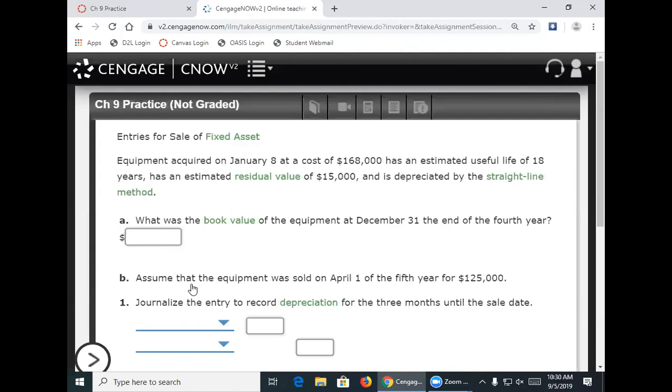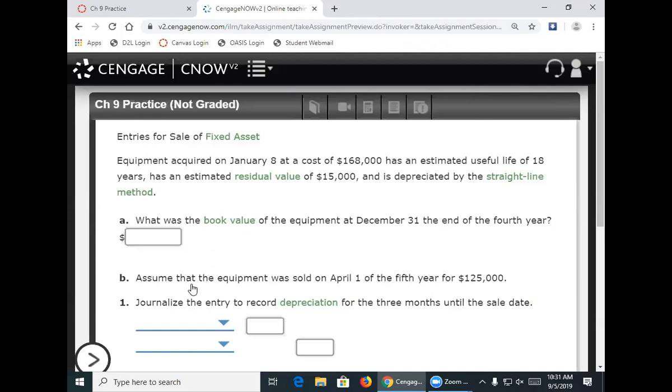So the first thing we need to do is calculate yearly depreciation, right? What would be my formula to calculate straight line depreciation? Cost minus residual value over useful life. Very good. Divided by the useful life in years. So we would have 168,000 minus residual value of 15, over 18 years.